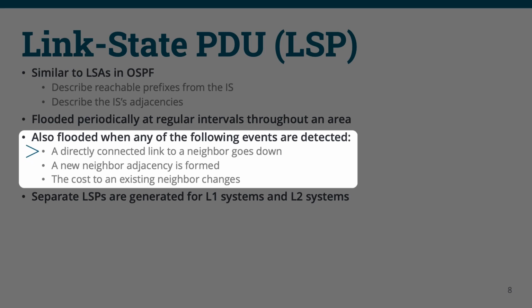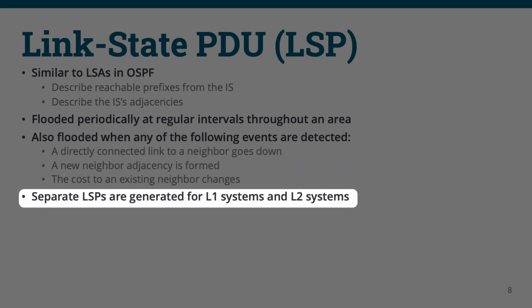When a directly connected link to a neighbor goes down, an LSP is flooded to describe the loss of connectivity. When a new neighbor adjacency is formed, LSPs are flooded to describe the new connectivity. And when the cost to an existing neighbor changes, LSPs are flooded to update the LSDBs of the ISs in the autonomous system. A differentiating field is used to separate Level 1 LSPs from Level 2 LSPs.